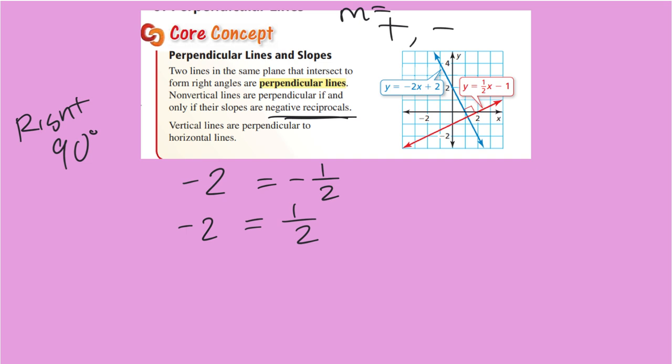Because in perpendicular lines, they form a T. But on a T, if you look at it, one is negative. For example, this blue one here is what? A negative line. And here, the red one is a positive. So that's why one has to be positive and one is negative. That's the best way I could explain it to you. It's basically the reciprocal, one positive and one negative.